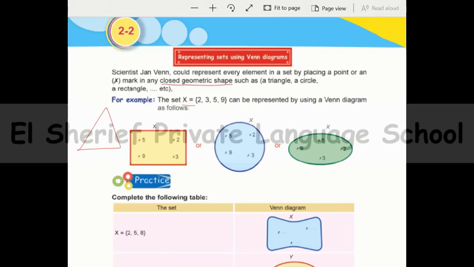A triangle is a closed geometric shape, and put 2 and put a dot inside it, then put 3 and a dot, then 5 and a dot and 9 and a dot. And we can use a rectangle or circle or any closed curve. So in a Venn diagram we put all elements inside the closed geometric shape.